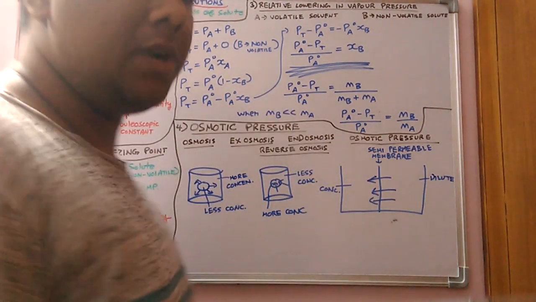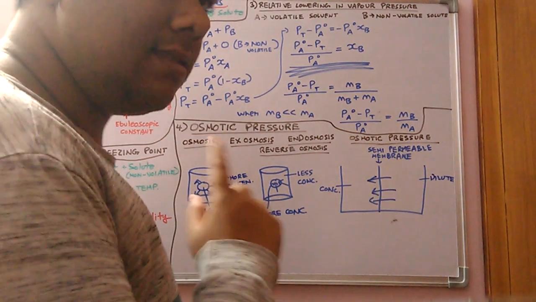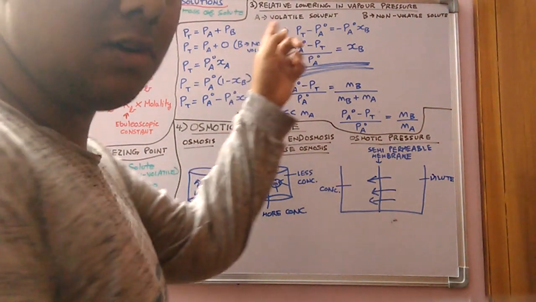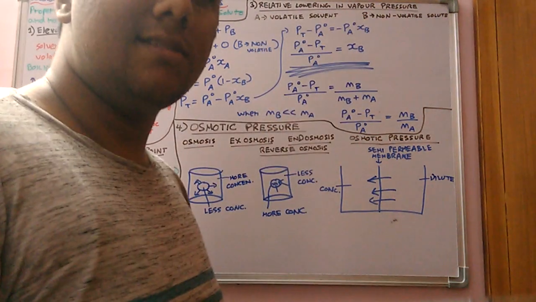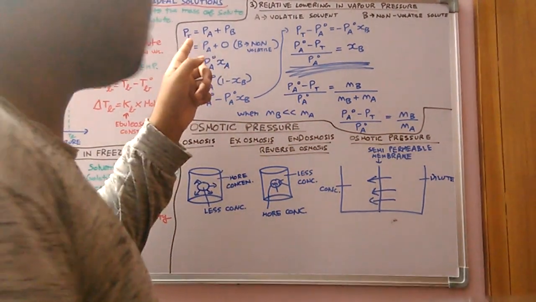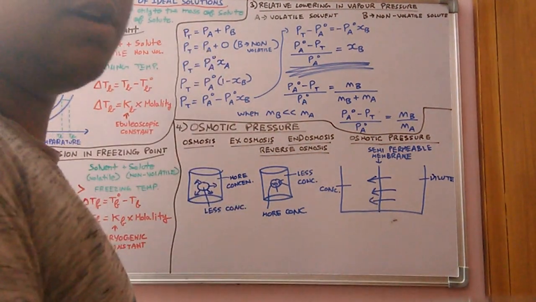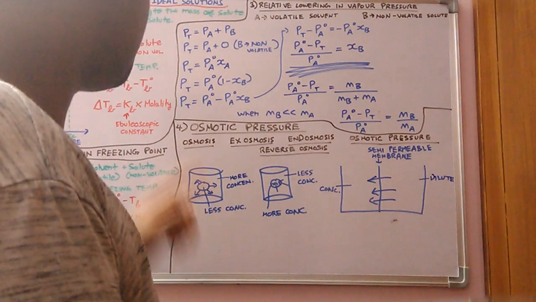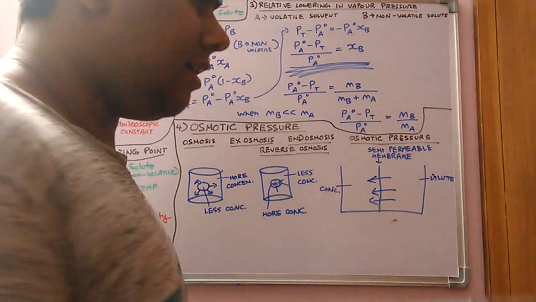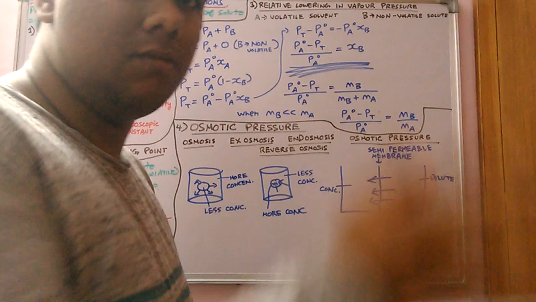The third property is relative lowering in vapor pressure. In this property, we have a solution which has a volatile solvent and a non-volatile solute, right? So as we know, the total pressure of the solution is equal to the partial pressure of component A plus the partial pressure of component B. But as B is non-volatile, it will not be involved in making any vapors and thus no partial pressure.